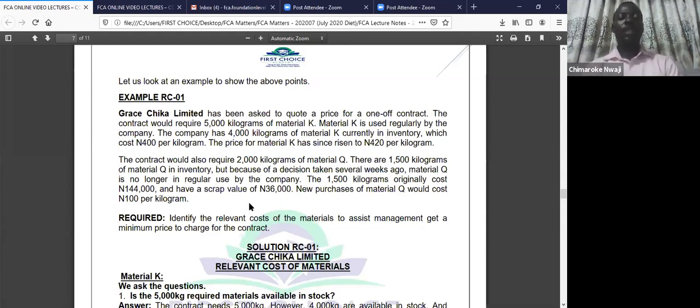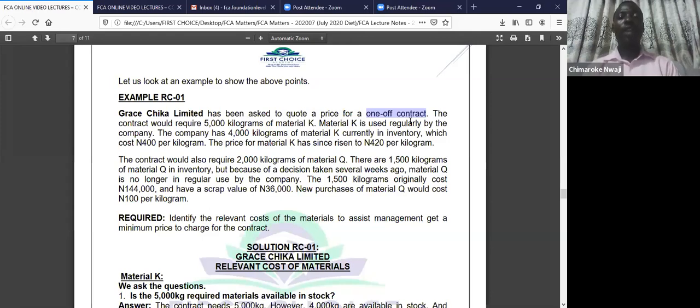Apart from looking at the required, identify the relevant costs of the materials to assist management. Apart from this, once you see the words one-off contract, it's a signal that you are dealing with a relevant cost question.